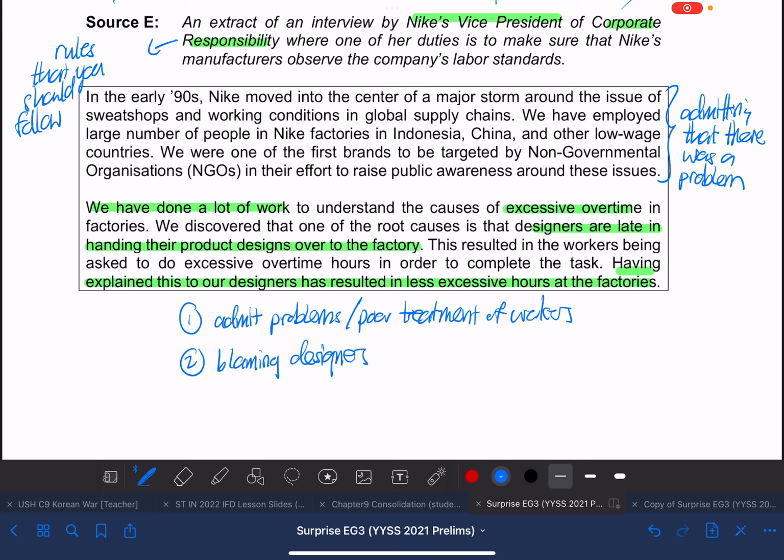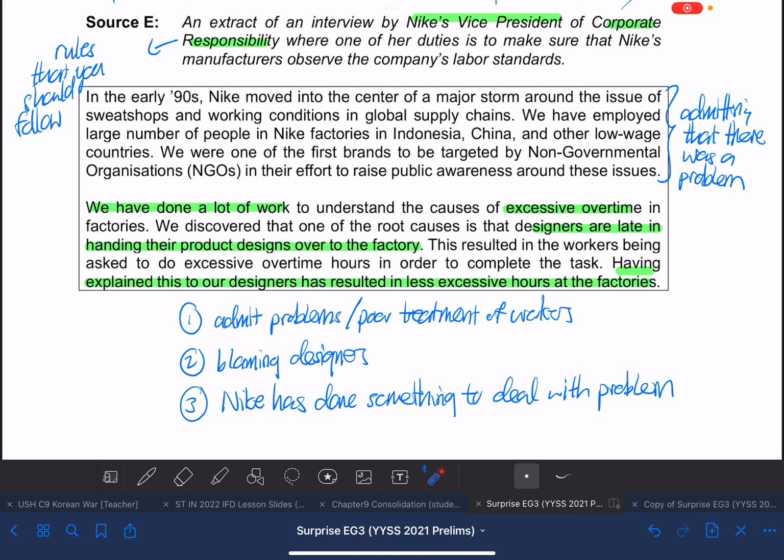It is their fault. Maybe they give their designs so late, but they expect the workers to produce it so quickly. See, it's their fault. And the third thing we see is that Nike has done something about this, done something to solve the problem, to deal with the problem. What have they done? They've tried to explain to their designers that these are the issues.